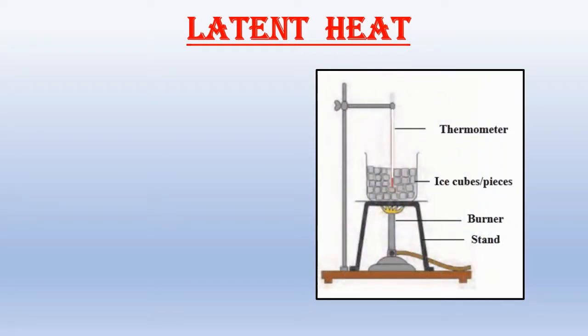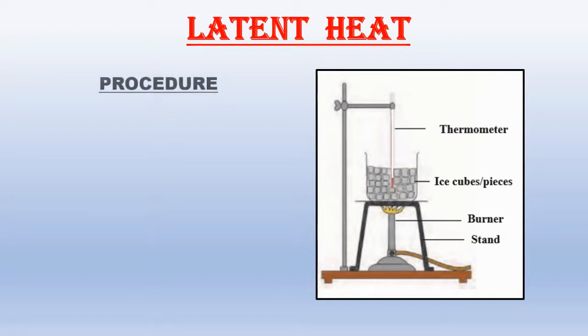We need a stand and a thermometer which is dipped in a beaker. There are ice cubes or pieces of ice placed inside the beaker, and this beaker is placed on a stand, and below this stand there is a burner. These are all the things we need to perform the experiment.